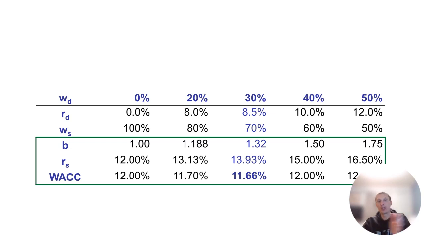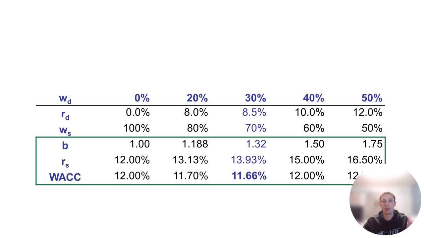But as we add more debt, it changes the cost of our equity as well, right? And when we combine those two figures together, we get our weighted average cost of capital. So here in the R of S, we're finding our new levered beta and plugging that into the CAPM formula. We did that here for 20%.